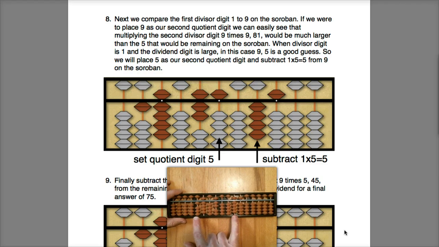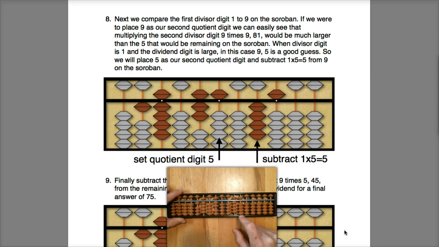And instead of going ahead and dividing 1 into 9, because I know I would need to place a quotient of 9 to do that, if I put a 9 in as my second quotient digit and I subtract this 9, that would leave me with 5 on the Soroban.